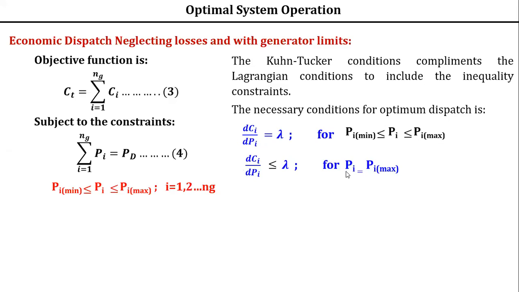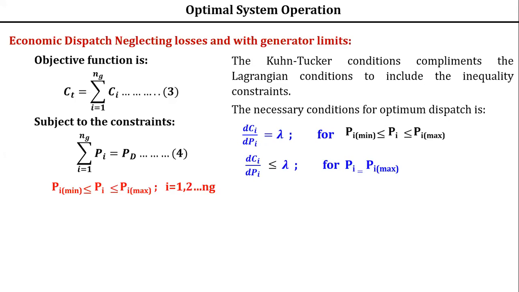Assume the maximum real power generation at bus 4 is 100 megawatts. Clear? Now, the actual generation at the fourth bus is 110 megawatts. That means the maximum limit on the fourth generating unit is 100 megawatts, but the actual generation is 110.